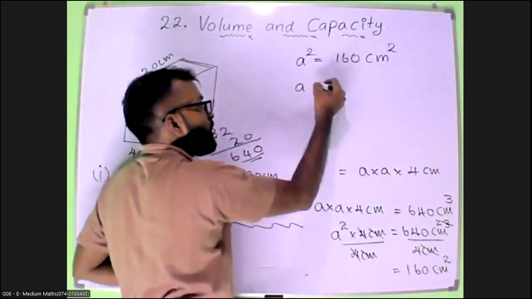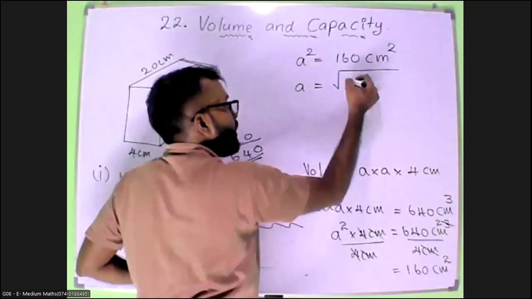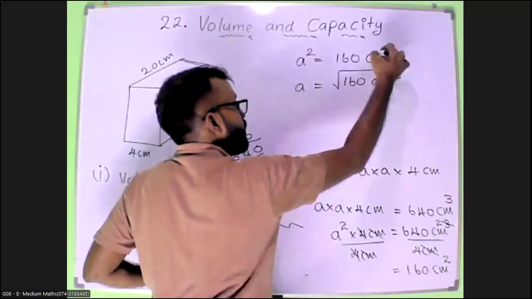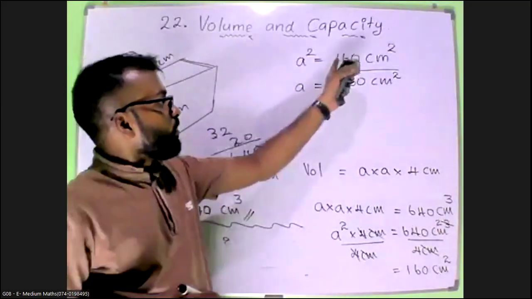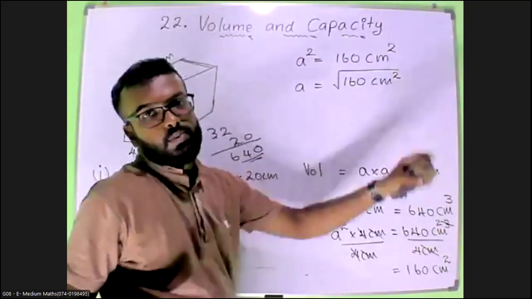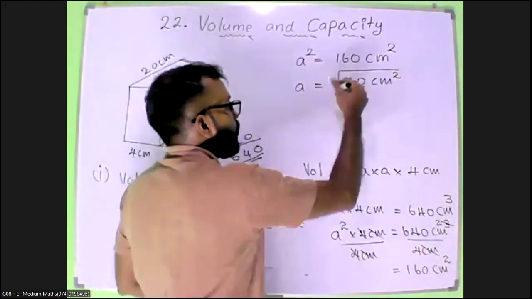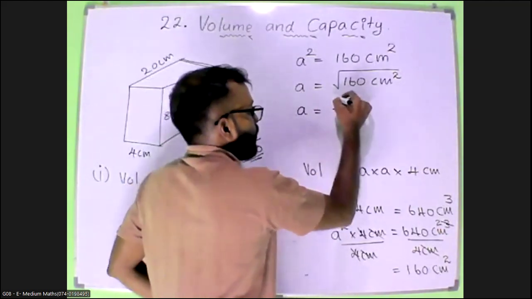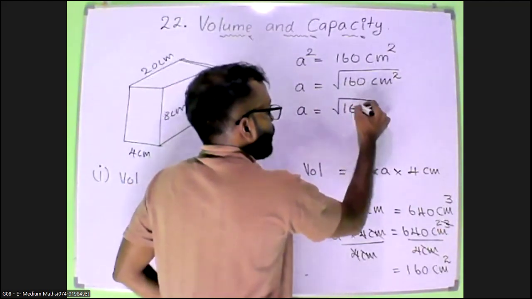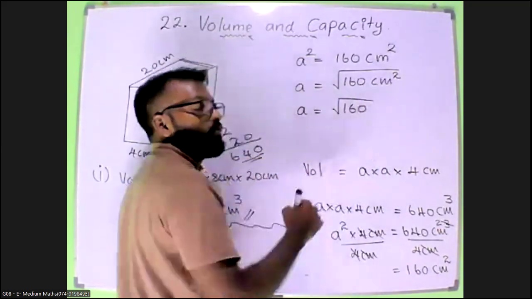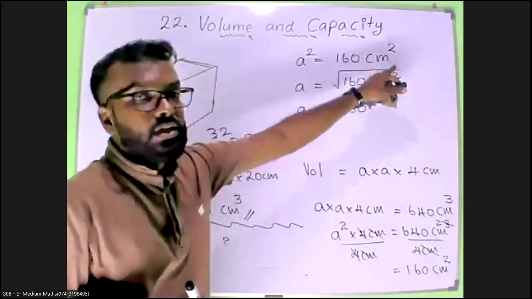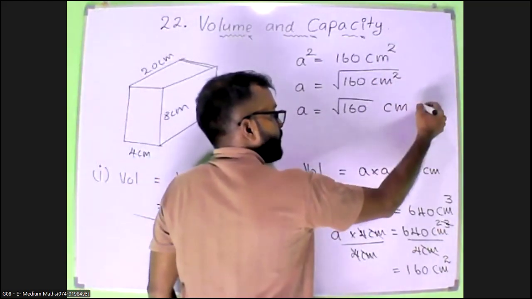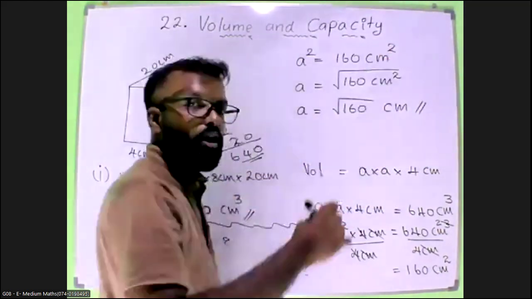So that means you are going to find the value of A: square root of 160 square centimeters. Square root of centimeter squared is centimeter. If you want, you can keep your answer like this.